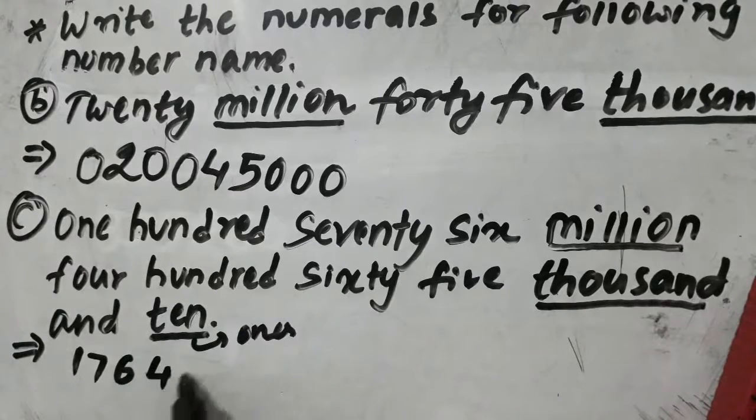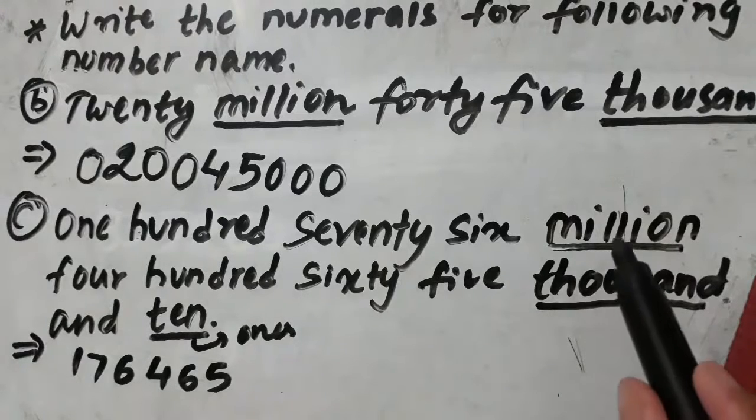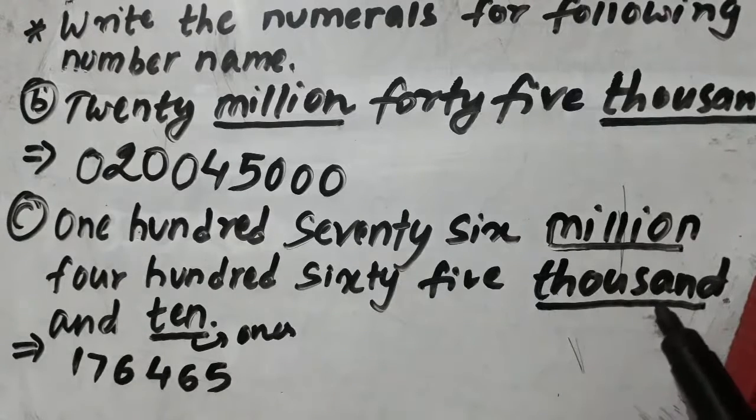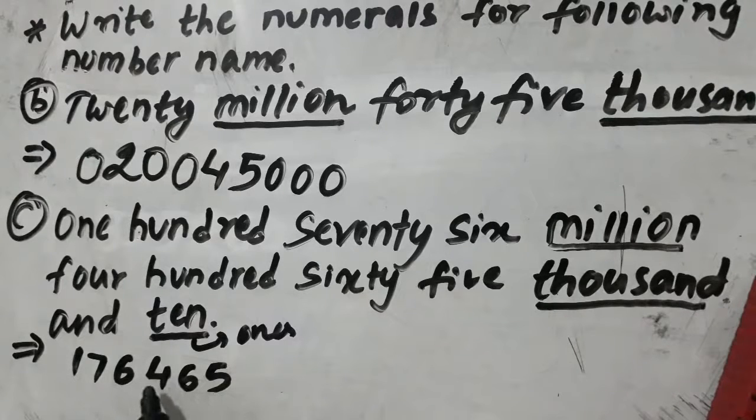So which means 465. Now in the period of million there are 3 places already. Similarly in the period of 1000, 465, there are 3 places.